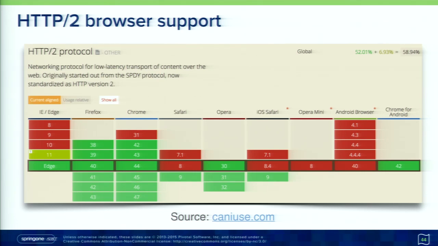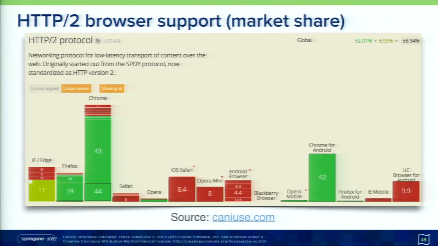Now about support on the client side for browsers. If you look at the Can I Use website, you'll basically see that IE, Edge now, Firefox, Chrome, they're okay with this. Safari, iOS, not yet, and Opera, Android, depends. But if you look at the market share, you can see that basically HTTP2 is already here.